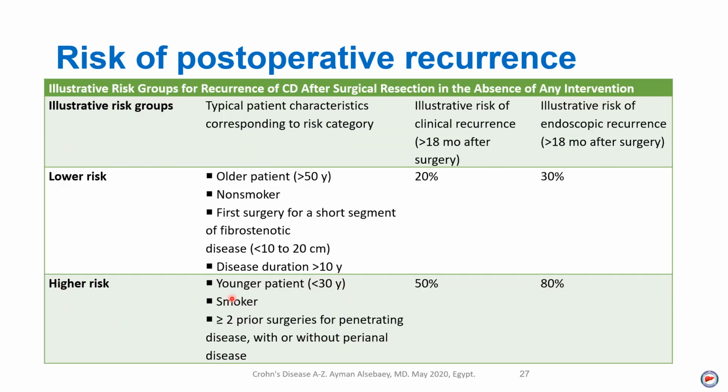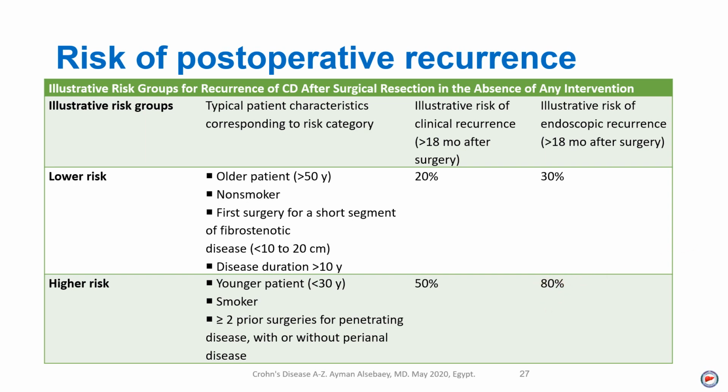If we look here at the high risk patient, this is another method for calculation. If he is young, age less than 30, if he is an active smoker, if there are more than or equal to 2 prior surgeries for penetrating disease with or without perianal disease, you will find that the clinical recurrence within 18 months after surgery is 15% and within 1.5 years is 80%.